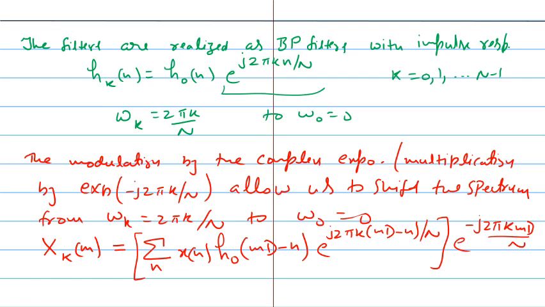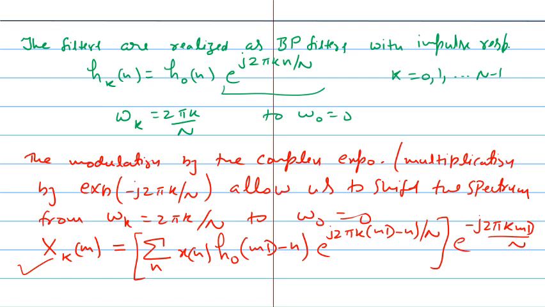So on the previous slide I showed you an alternate analysis filter bank, and the output of that is this, that's the mathematical explanation for that.